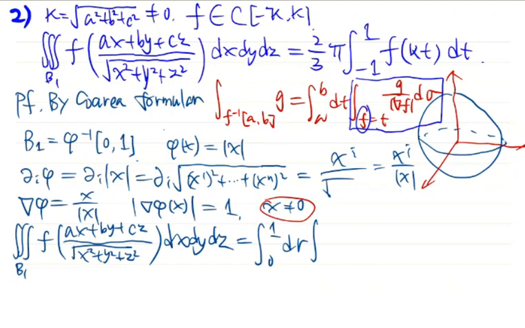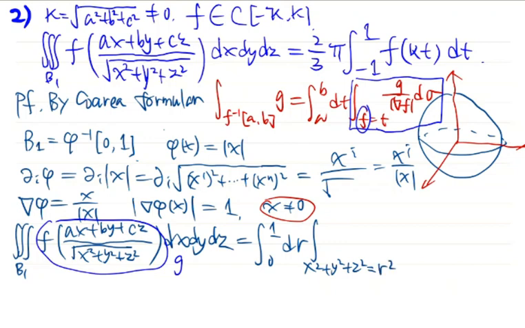So the g is precisely this function. This function is the g in the Euler formula, and the norm of the gradient in the denominator is 1. So here x squared plus y squared plus z squared is r squared.